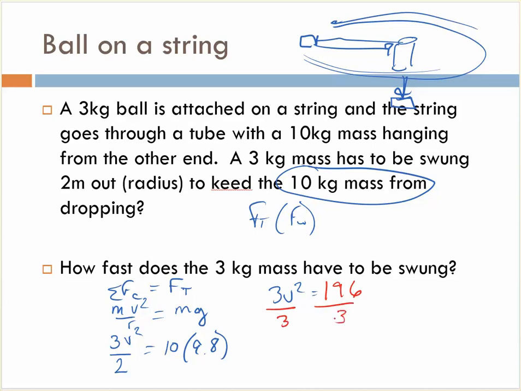Divide by 3. And v squared equals 65.3. And then v equals 8.1 meters per second. So this object up here is traveling at 8.1 meters per second, which is actually pretty fast.